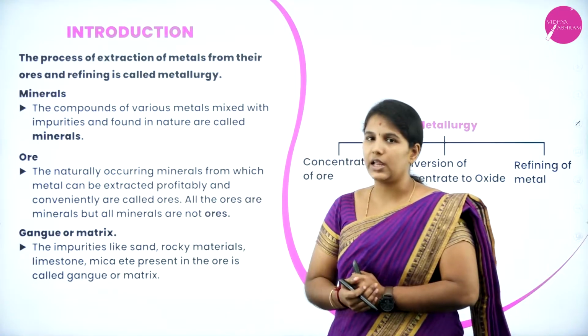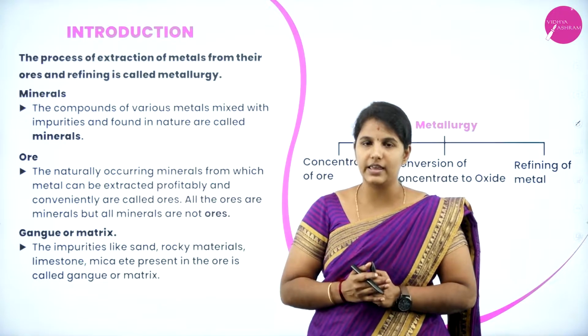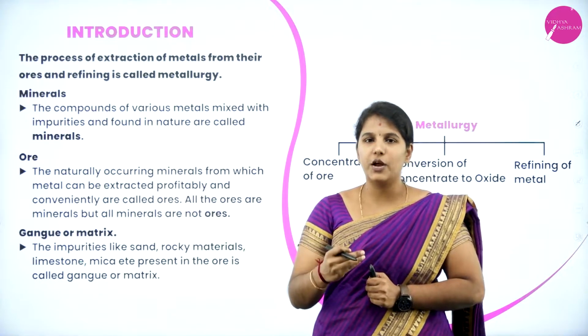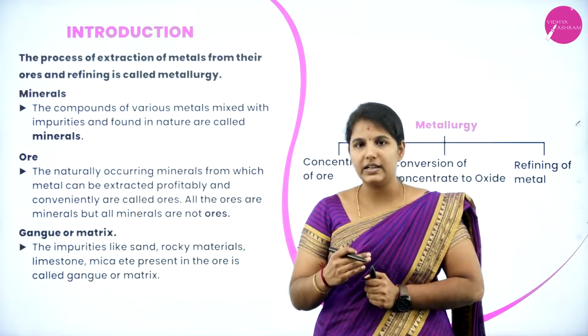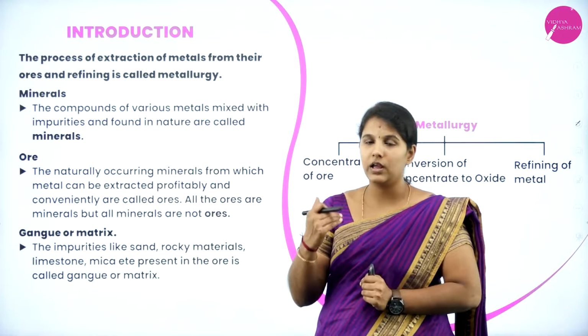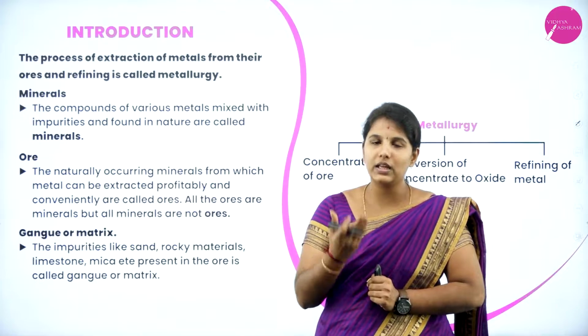So metallurgy, it is very simple. It is nothing but a branch of science. It deals with the extraction of the metal from its ore. So metallurgy is a branch of chemistry which deals with the extraction of the metal from its ore and refining of the metal.